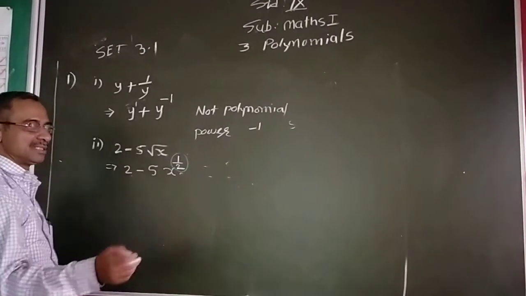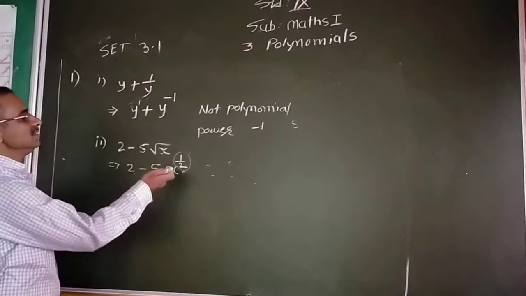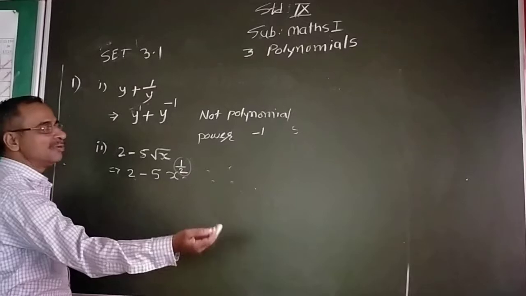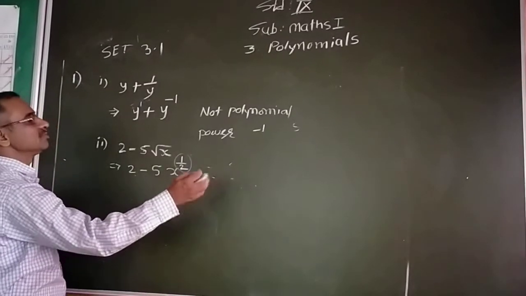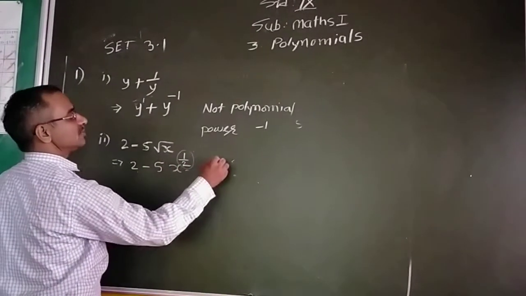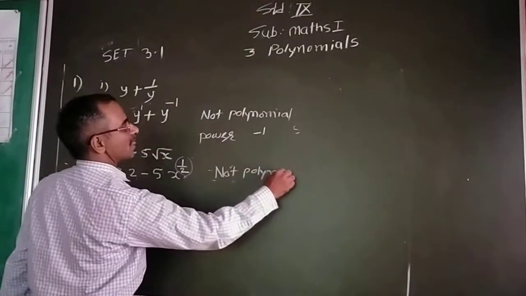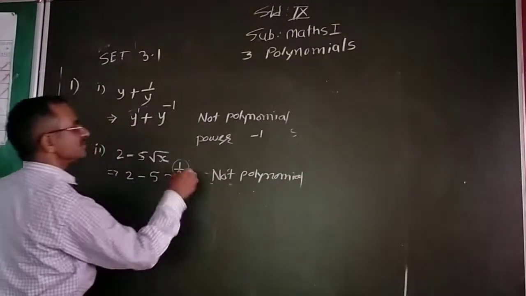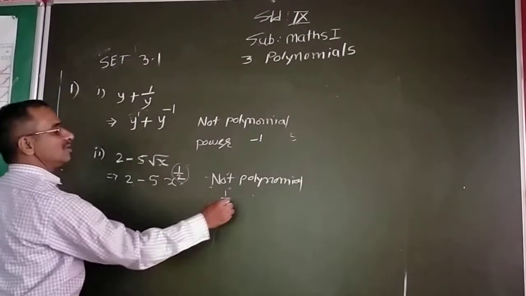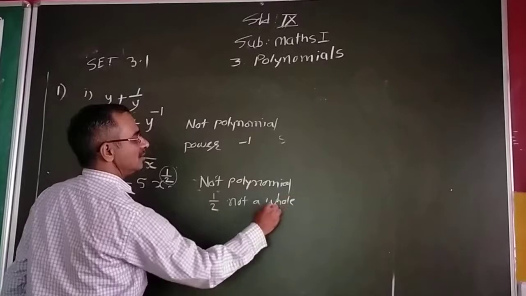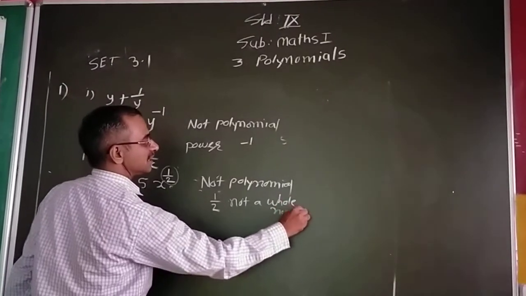According to the definition, it is not a whole number, it is a fraction. Fractions are not included in the whole numbers 0, 1, 2 and positive numbers, so it is also not a polynomial.